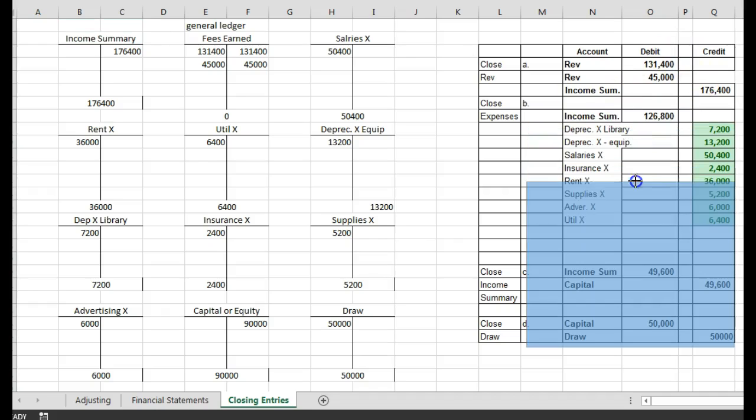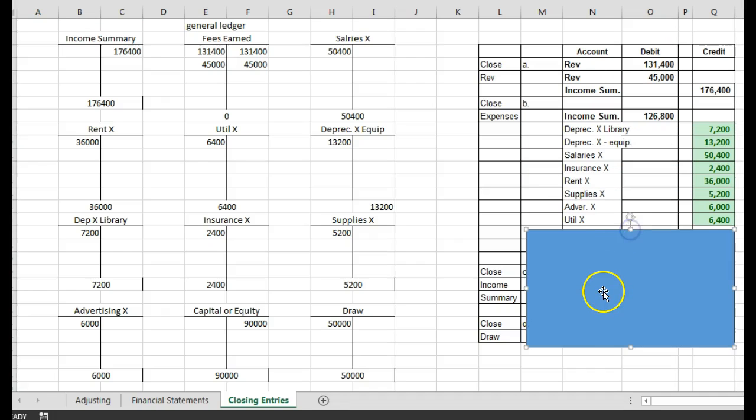The second closing entry are the expenses. The expenses have a debit balance, so they all have to be credited. So you set up the journal entry by crediting all of the expenses, adding that up, and then debiting income summary. Now this all added up to $126,800.